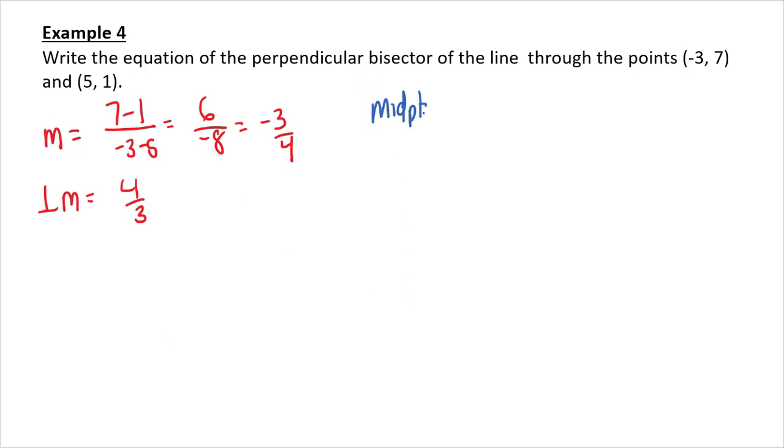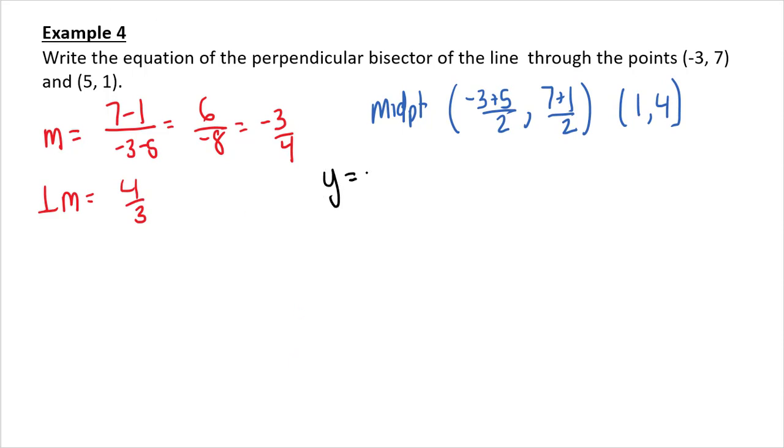I love this question because it gives me the ability to test you on multiple things. So the midpoint of this segment is negative 3 plus 5 over 2. Can you find the midpoint? My midpoint ends up being, oh, I have it incorrect in my notes. I have a negative 1, 1, 4. Ooh, okay.